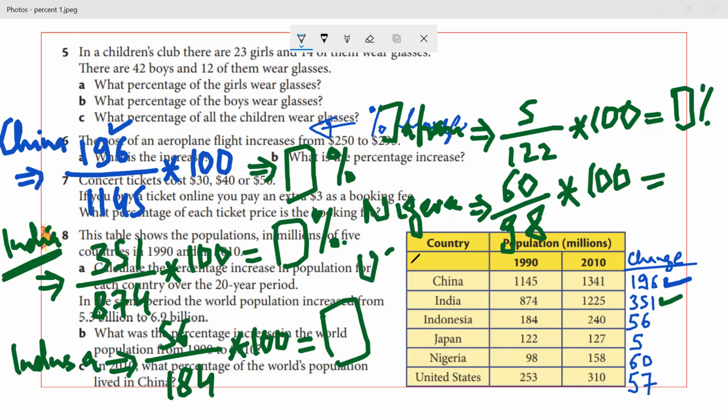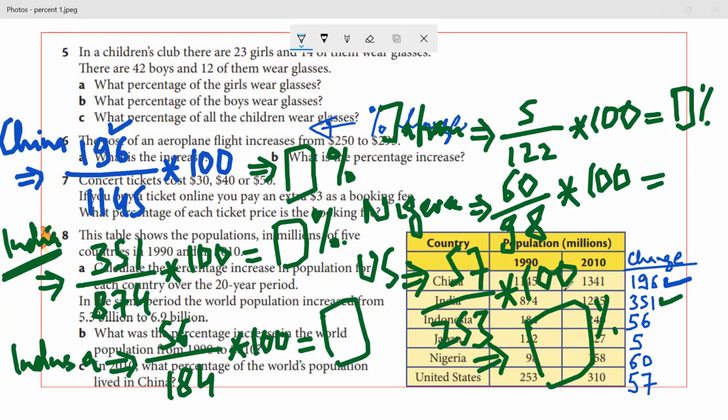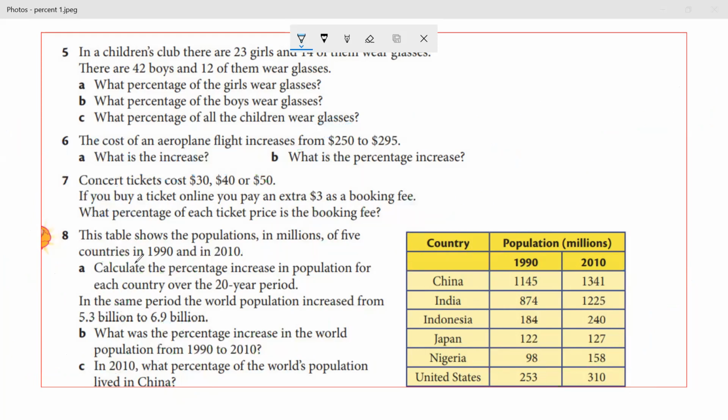For US, 57 upon 253 into 100. And you can use a calculator to calculate the percentages. You'll have to do the A part as homework. Have you understood?